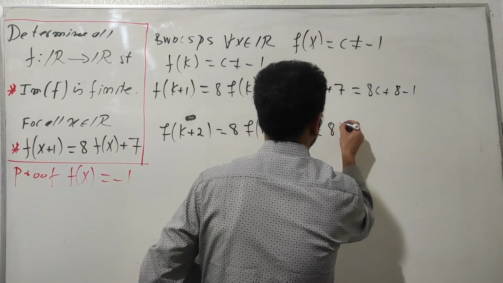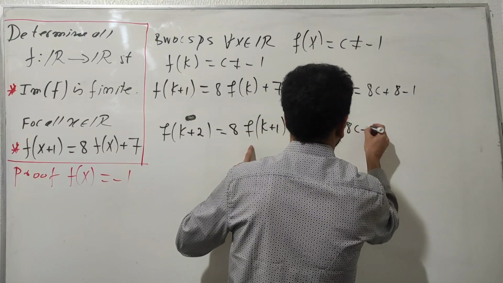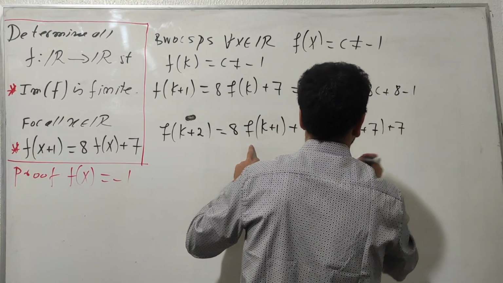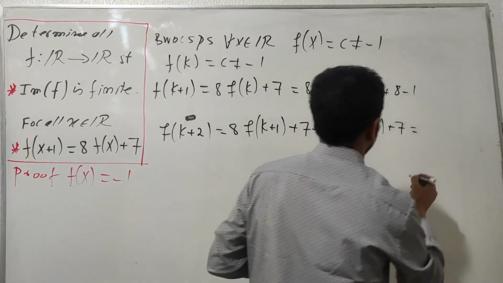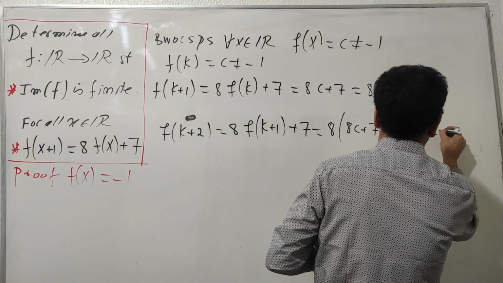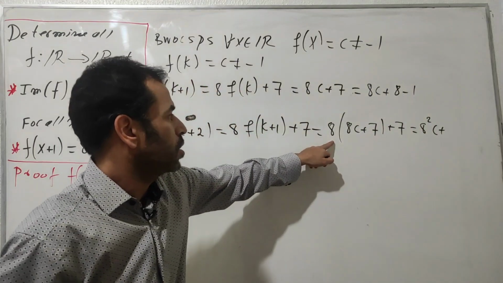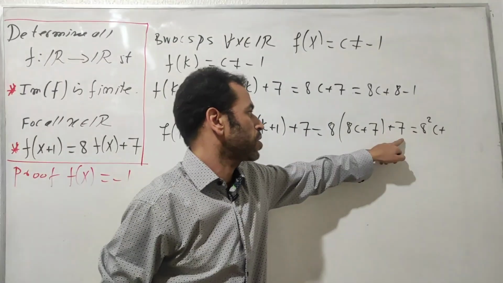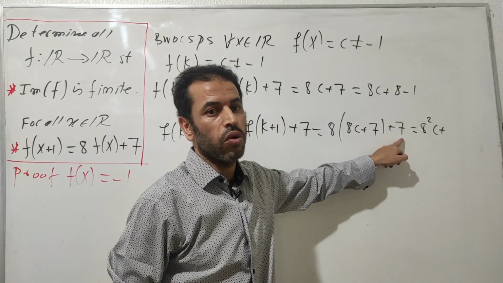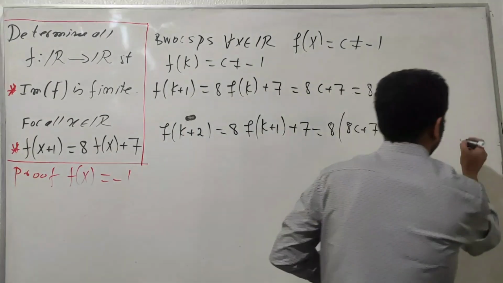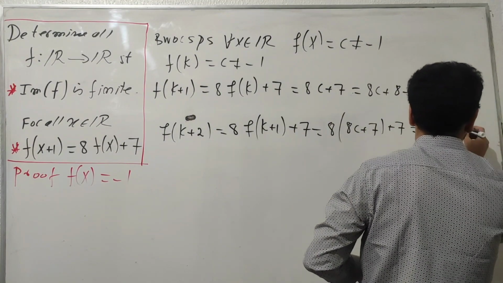So I get 8 multiplied by 8c plus 7, plus 7. This is clearly going to give us 64, which is 8 squared, c plus 7 multiplied by 8 is 56, 56 plus 7 is 63. 63 is the same as 64 minus 1, or 8 squared minus 1.